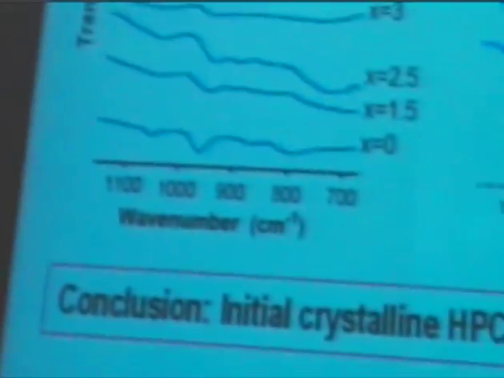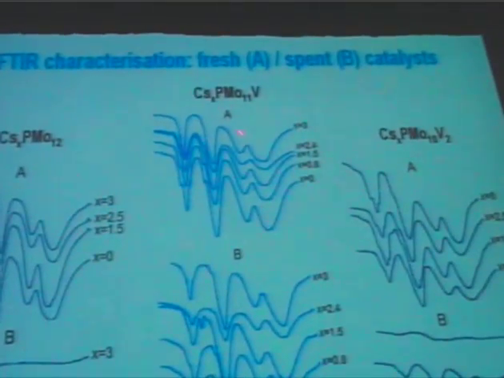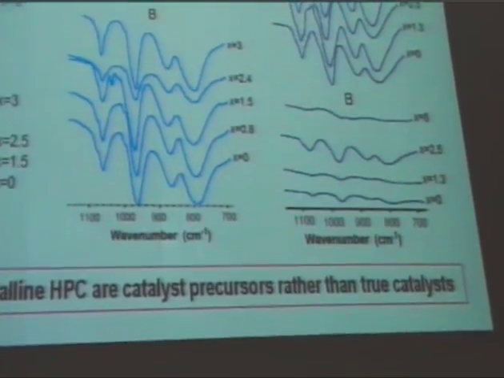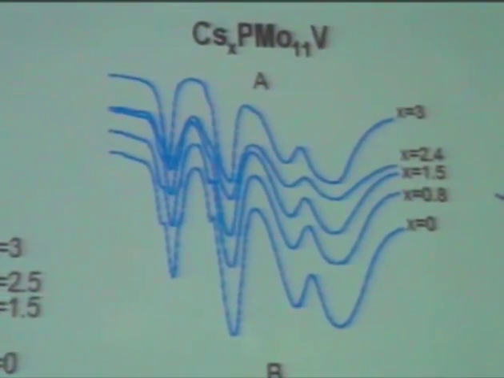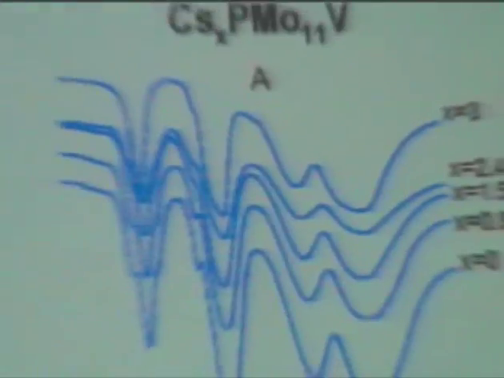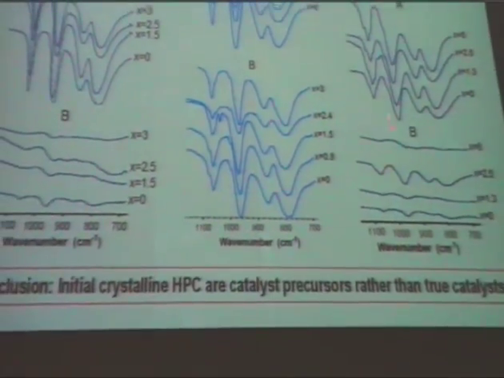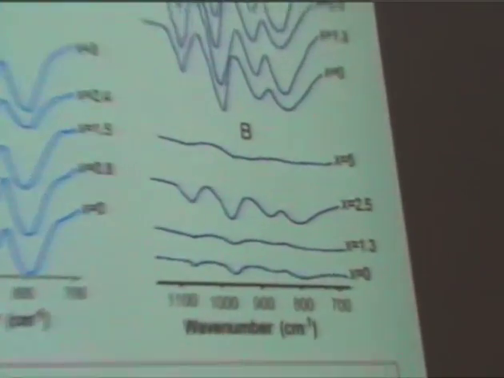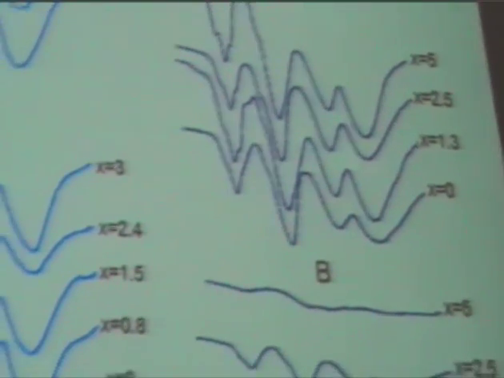So from this spectrum, it is clearly seen that the catalyst retained the primary structure after reaction. So this is fresh, this is spent. But it is different for the other two. So the less stable molybdenum phosphates and divanadium derivatives undergo decomposition. Fresh and spent, fresh and spent. From these data, we can conclude that the initial crystalline heteropoly compounds are catalyst precursors rather than the true catalysts.